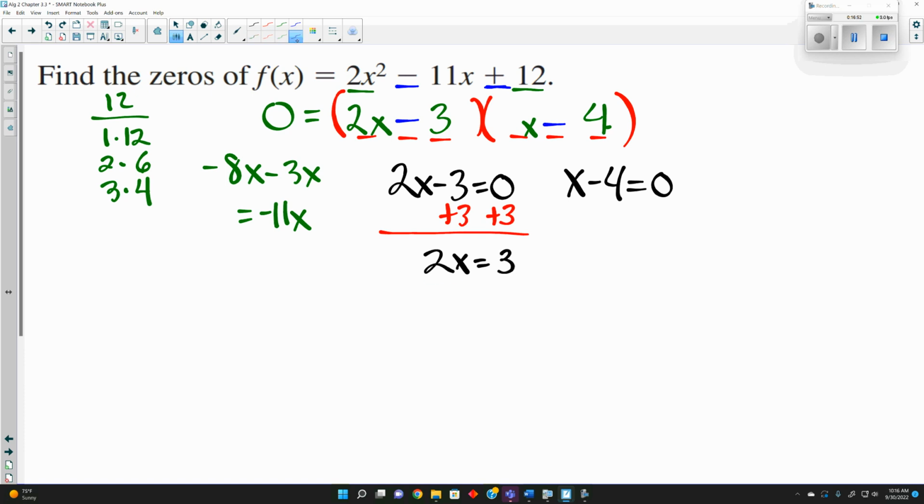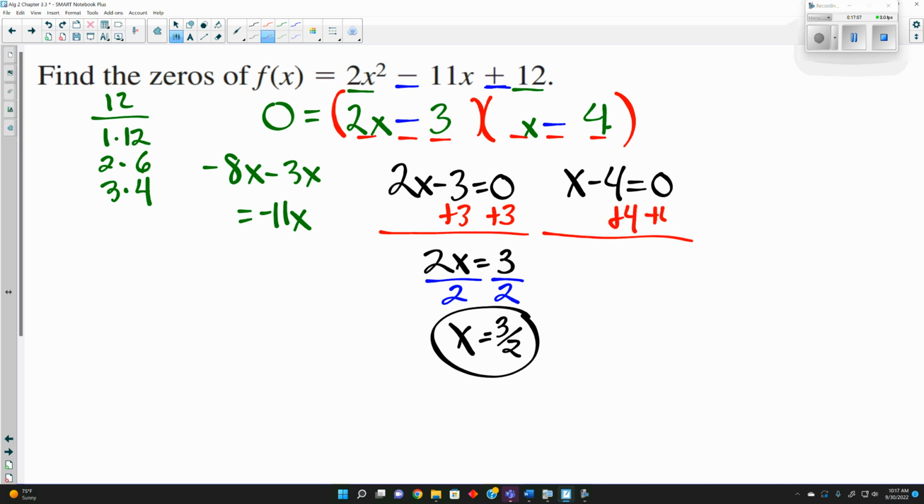Divided by 2, so x is 3/2. Now the other one, we would add 4 to both sides, telling us x is equal to 4.